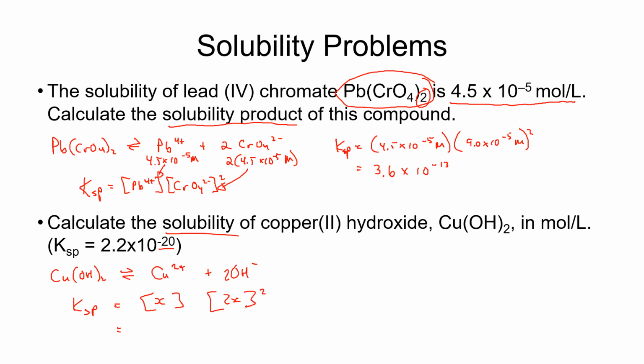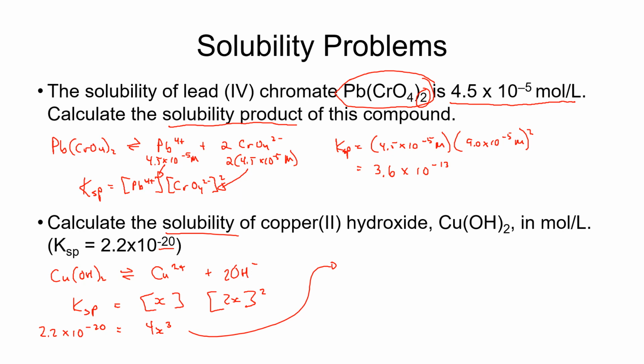So the 2x squared is going to be 4x squared times x will be 4x to the power of 3. And our Ksp here is 2.2 times 10 to the negative 20.